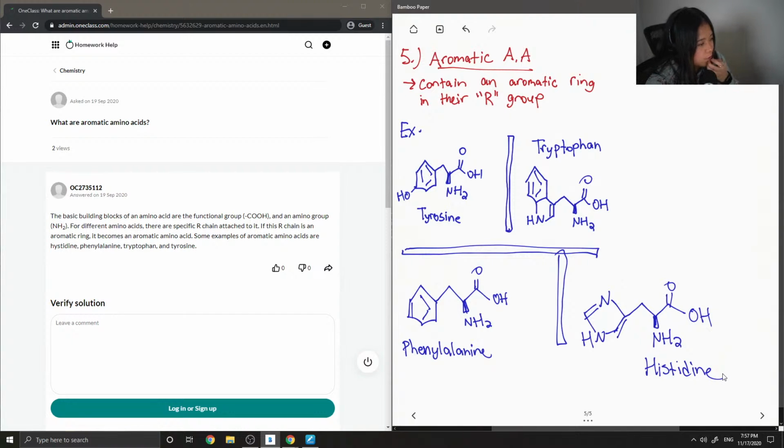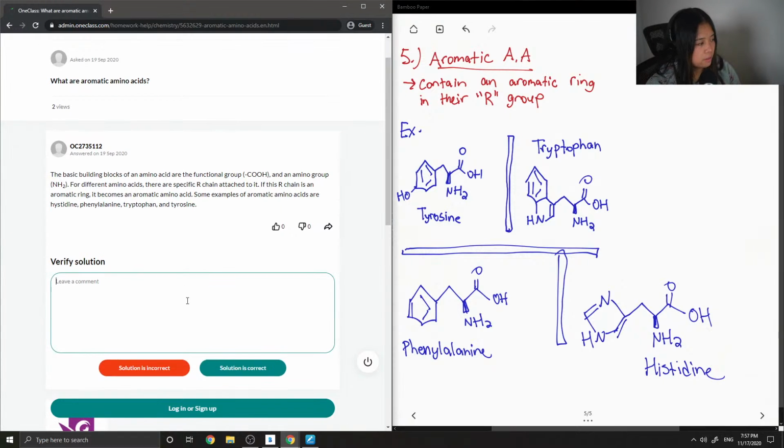Okay, so let's see what the junior tutor said. Basic building blocks of an amino acid are the functional groups, so the carboxylic acid group and an amino group, NH2. For our different amino acids, there are specific R chains attached to it. If this R chain is an aromatic ring, it becomes an aromatic amino acid. Some examples of aromatic amino acids are histidine, phenylalanine, tryptophan, and tyrosine.